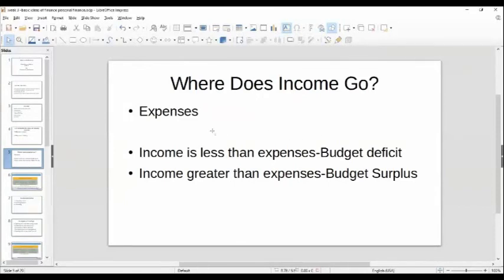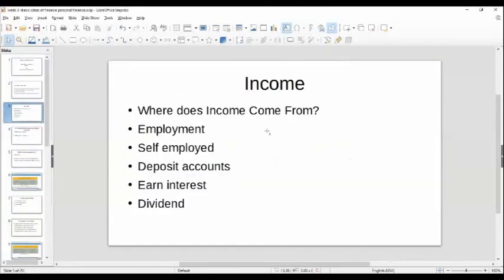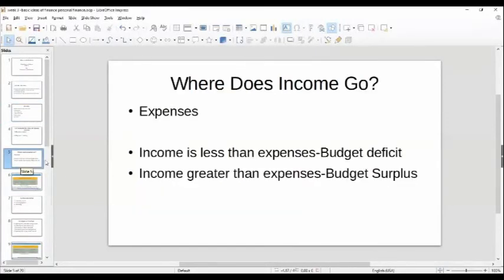After knowing where the income comes from, there is also a question on where does income go? Of course, the answer is expenses. We use our income for our expenses. So what are our expenses?